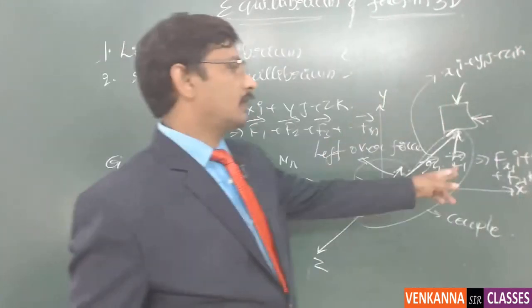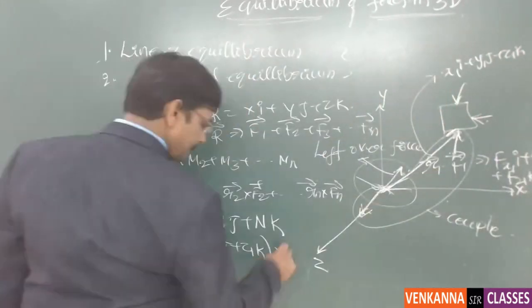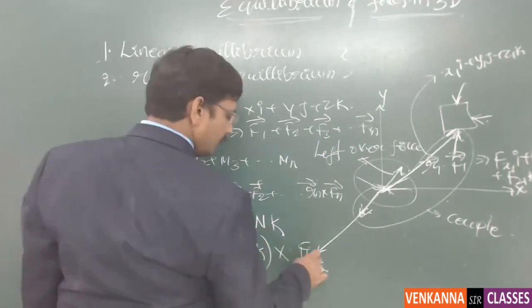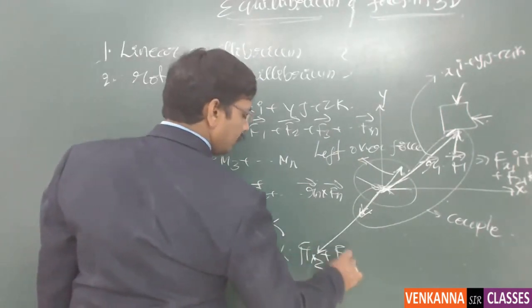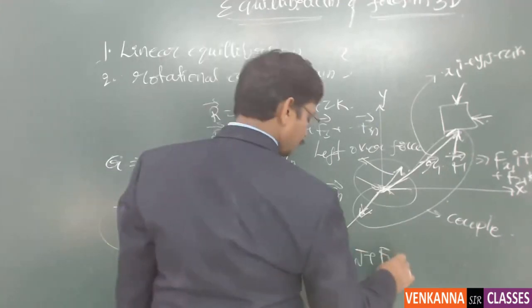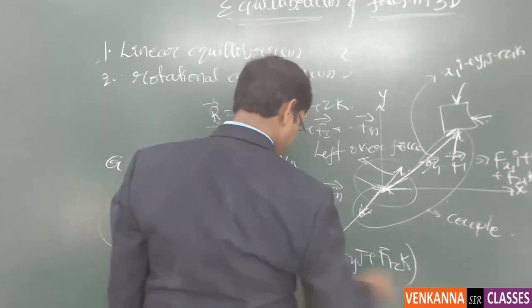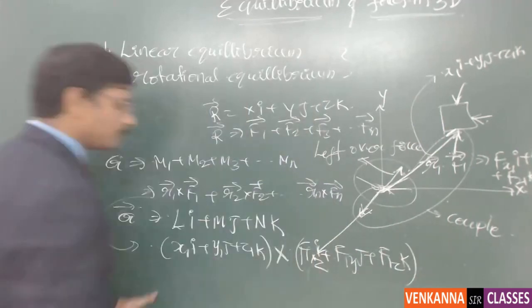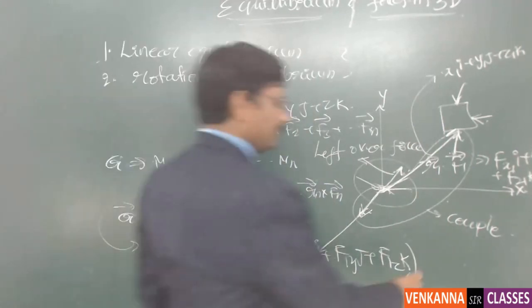So that is the F vector. Now if you do the cross product of this, you have to calculate the cross product, similarly for all the vectors.